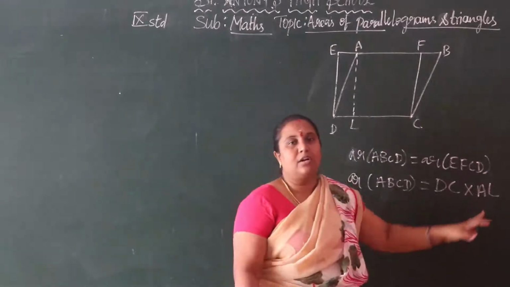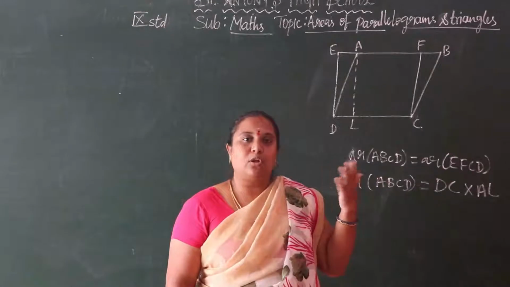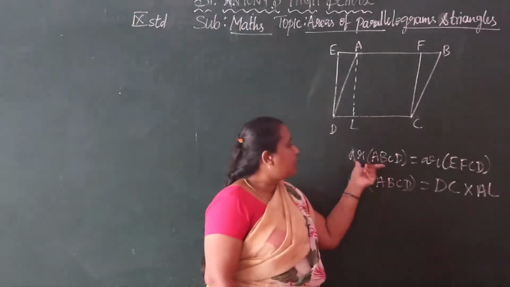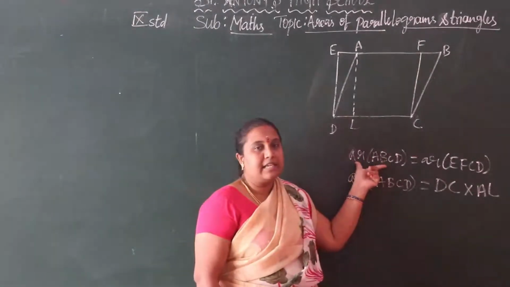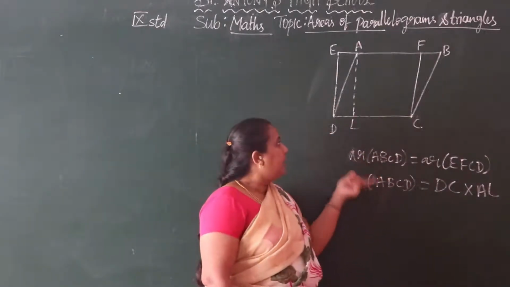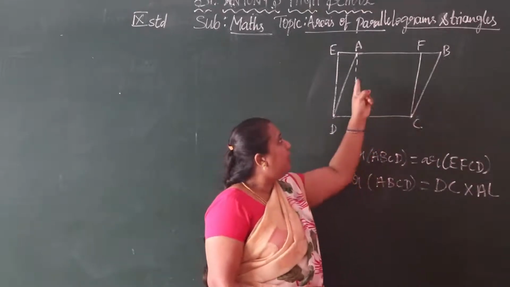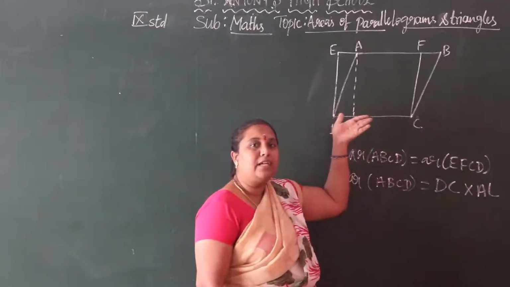Understood, children? There is no need to write the solution on the board, is there? I thought you all understood. So this is based on the theorem. We can say two parallelograms, the rectangle and parallelogram, are equal, and then area of ABCD equals DC into AL. DC into AL is the area of the rectangle.